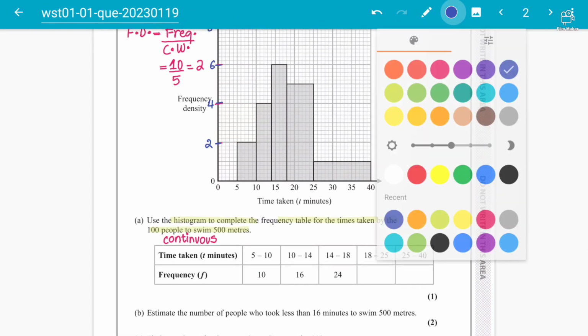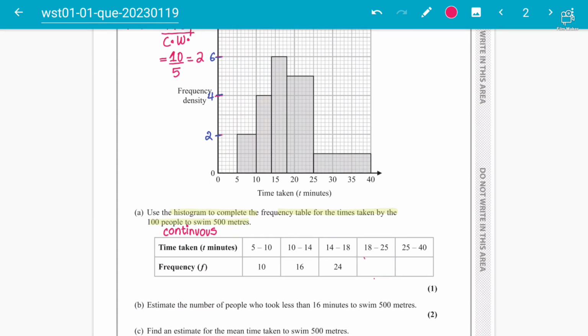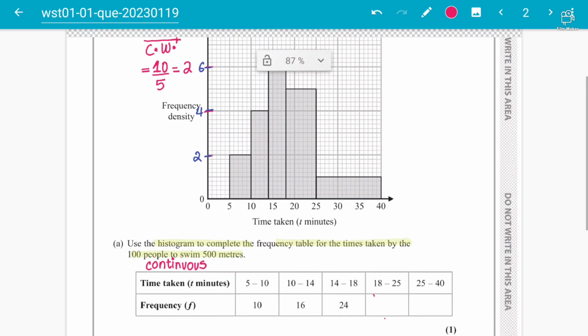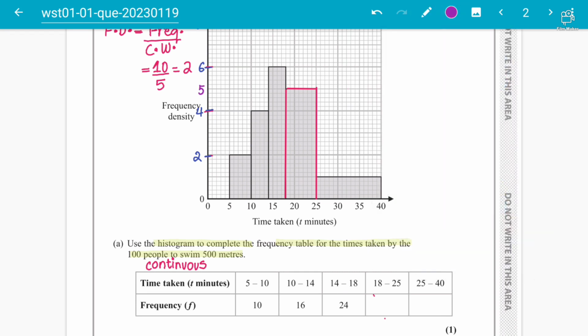Now let's come to 18 to 25. Make sure you follow the diagram. 18 to 25: the frequency density is 5, so you put 5 here. You don't know the frequency, so we have to find it.